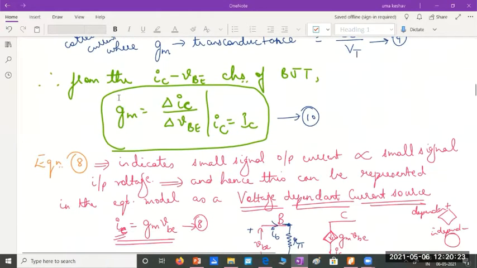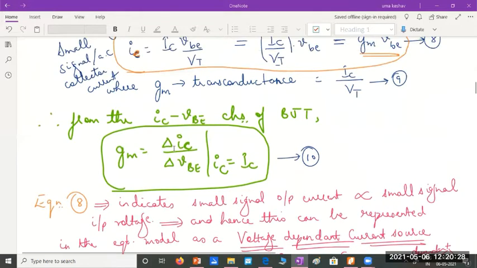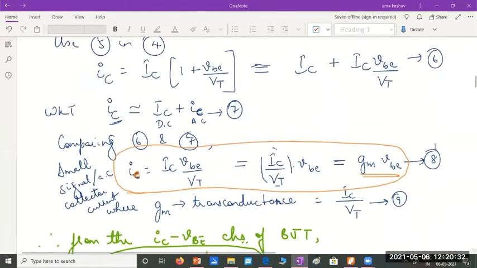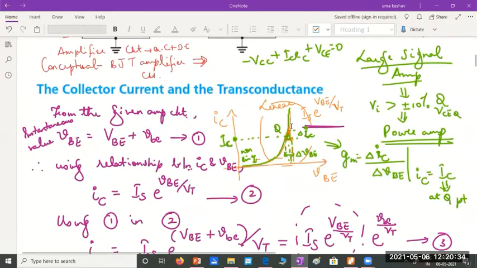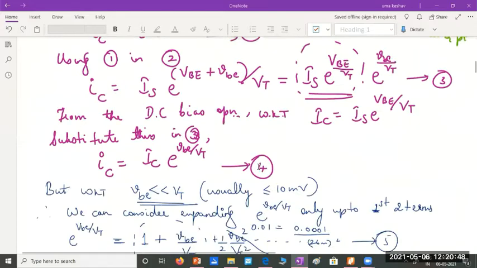Then we showed that the value of gm can also be determined as delta IC by delta VBE from the characteristic curve. We had drawn it here. So from this characteristic curve, we could show that gm can be taken as the slope of this characteristic curve in the linear region. Delta IC on the y-axis divided by delta VBE on the x-axis.